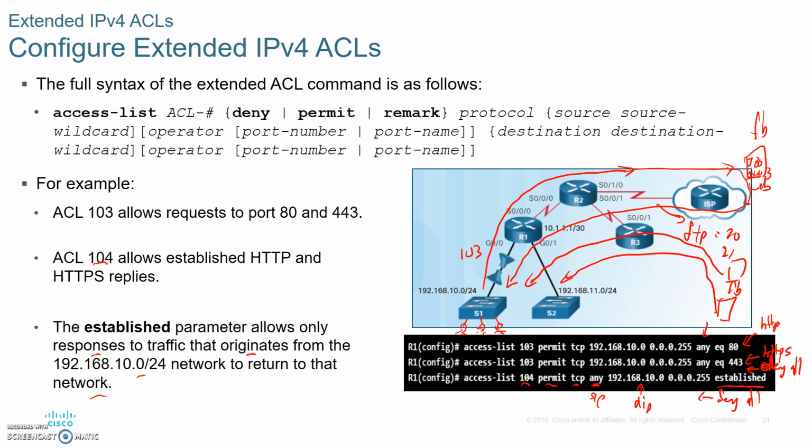So you trust your user to go to a website and you allow the return traffic to come back. If someone from outside on the internet tries to send a packet to you, you are denying all the packets. Only established traffic is allowed to come back. That's the use of established: to allow the return traffic to come back and deny all other unsolicited traffic that you did not ask for. This helps to protect your internal network.